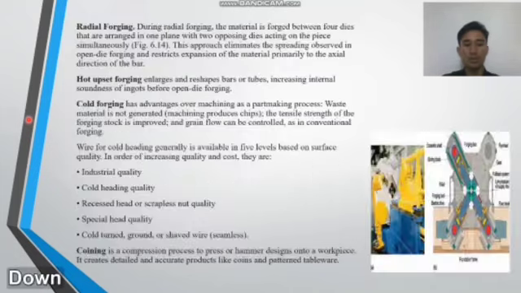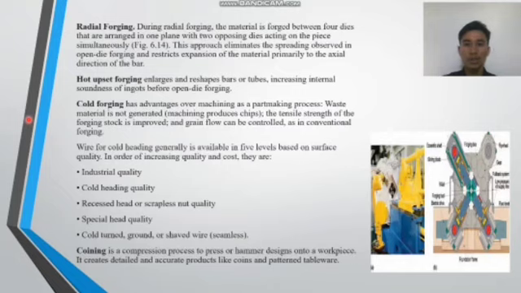Next, radial forging. During radial forging, the material is forged between four dies that are arranged in one plane, with two opposing dies acting on the piece. Picture 6.14.